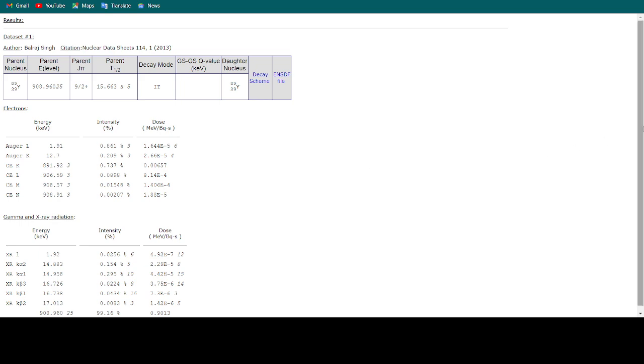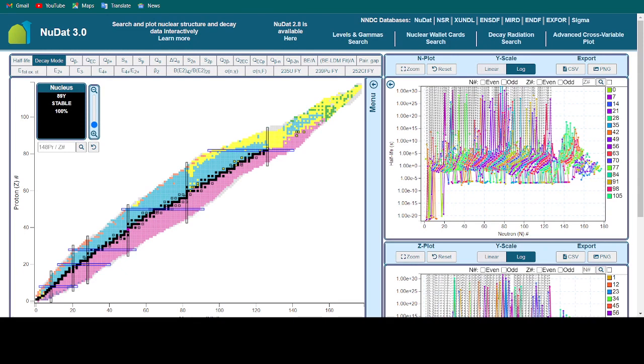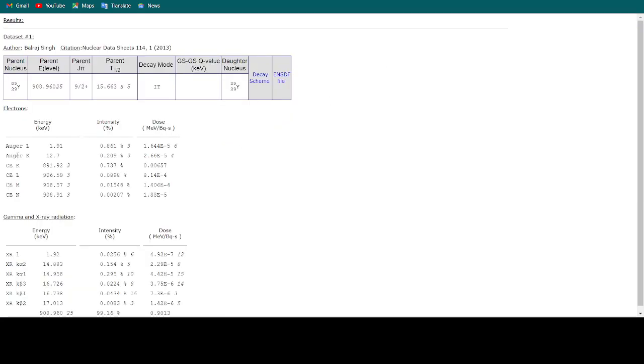Decay radiation information. See, I just chose a random nuclei, and just click over there, and you are getting that list of levels, interactive level scheme, everything, and decay radiation information. I went to the decay radiation information, and it is giving what are the decay modes that can happen. Parent E level energy is 908 kilo electron volt.